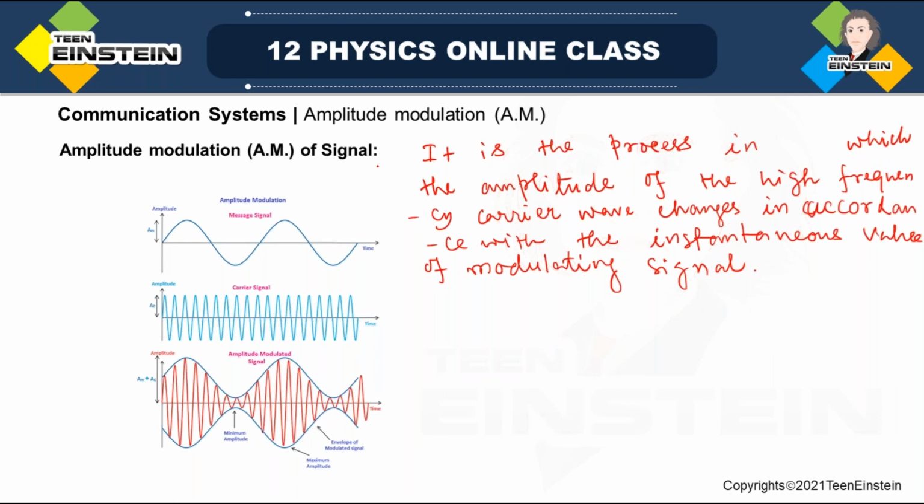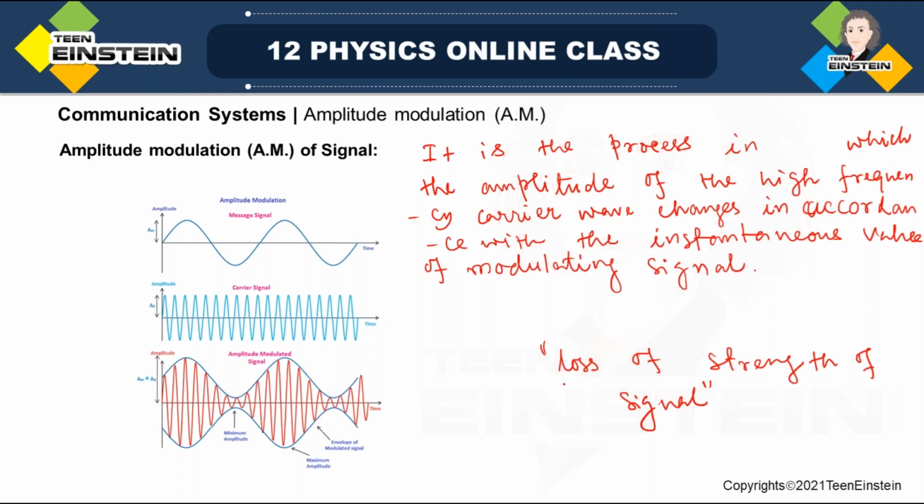So first of all, what is modulation? Modulation is required for transmitting a low frequency signal from one place to another, because we know there is something called loss of strength of signal. Basically, audio signals are low frequency signals.